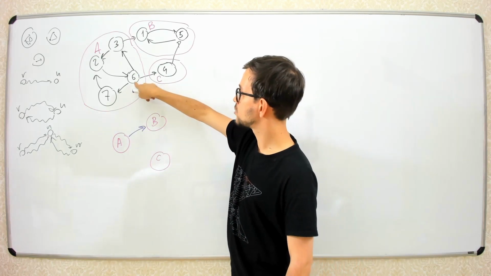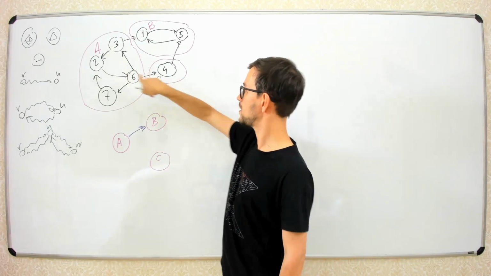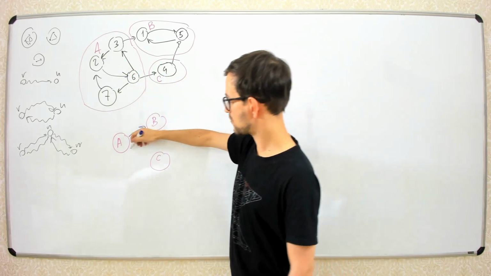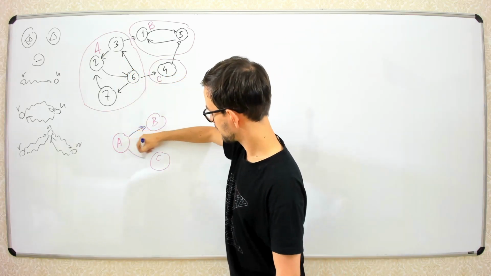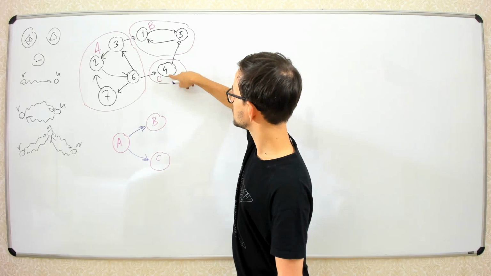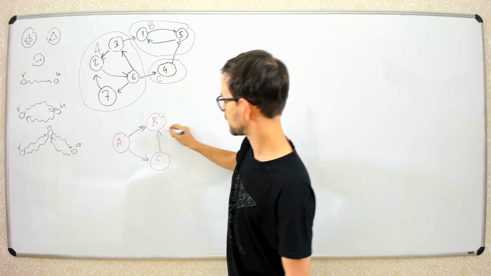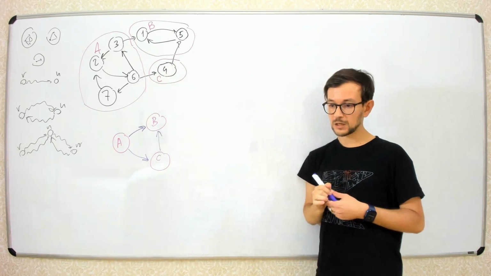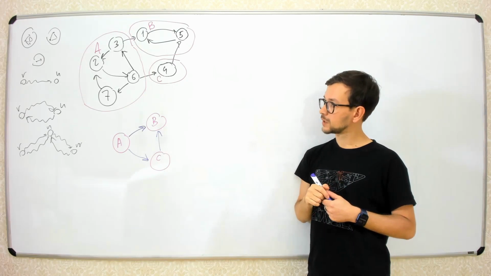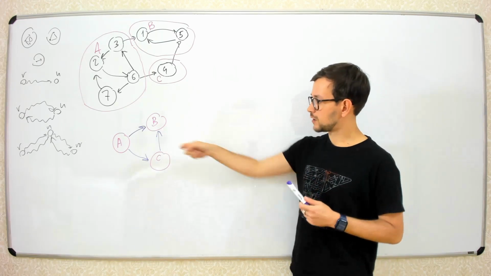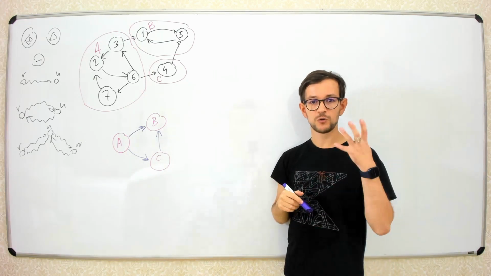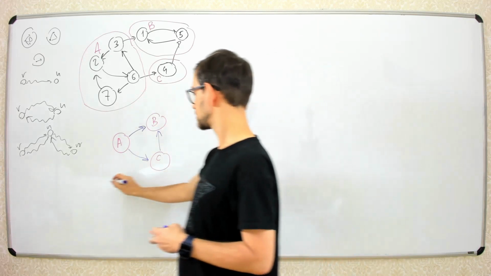Similarly here, you have an edge from 6 to 4. 6 belongs to A, 4 belongs to C. So we have an edge from A to C. And here you have an edge from C to B. So you have to make an edge here. That's all. This graph is actually important. This graph is called the condensation of this graph. This condensation.